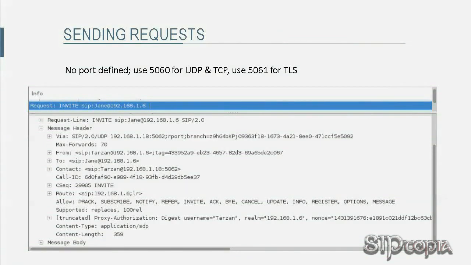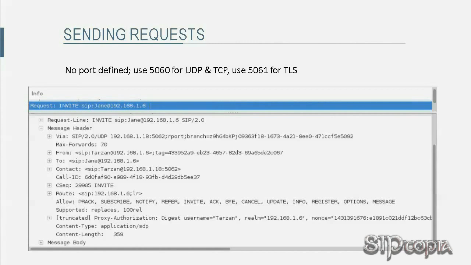Again, if there is no port defined here, the client uses the default port number for the transport layer protocol used. And we already found out which transport layer protocol is being used here.